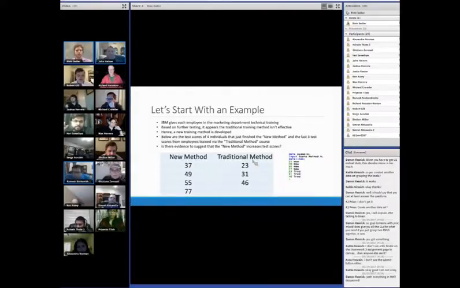Remember we have the t-test, and when we have the assumptions met, when we have normality and equal variances, this is 2 groups here, a new method and a traditional method. When the assumptions are met, there is no more powerful parametric test than the 2-sample t-test. It is the most powerful test, and you can prove it's the most powerful test in the universe.